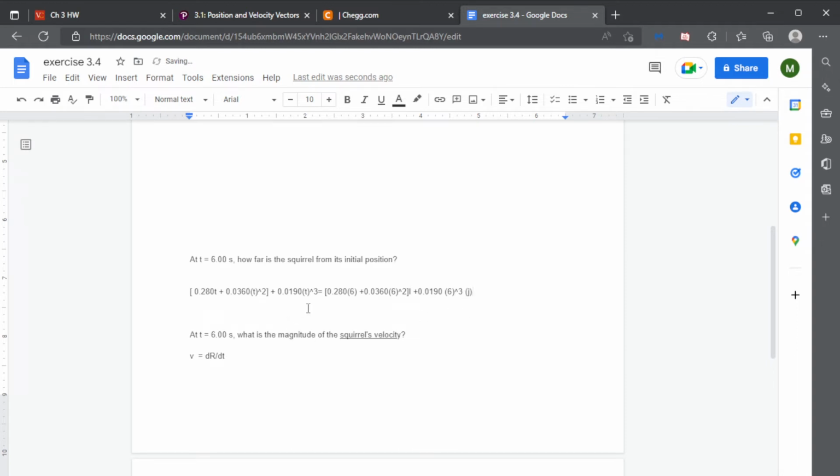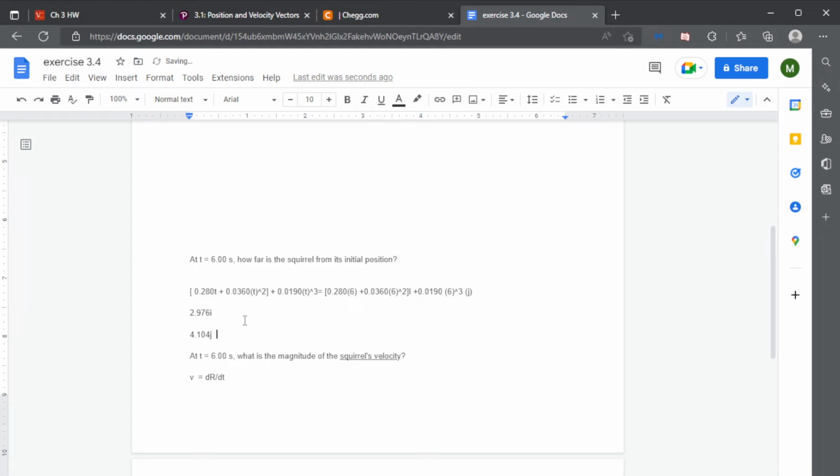If I solve this equation together for i, I will get 2.976 i. And for j, I'll get 4.104 j. But we're not done over here just yet.